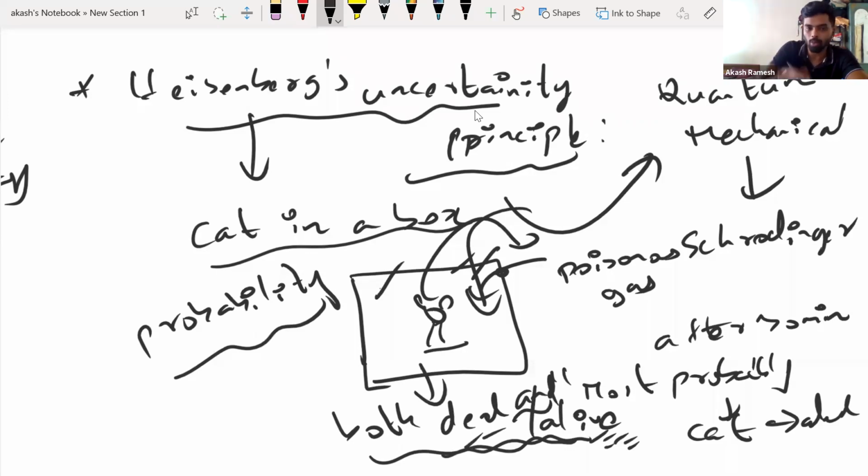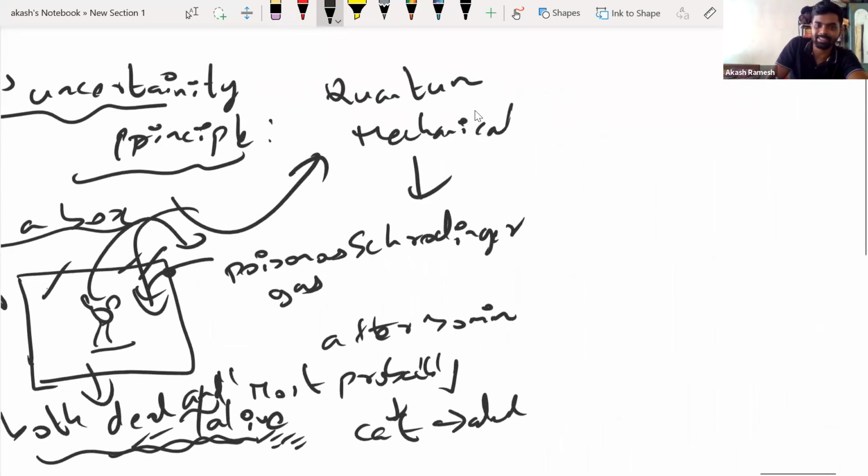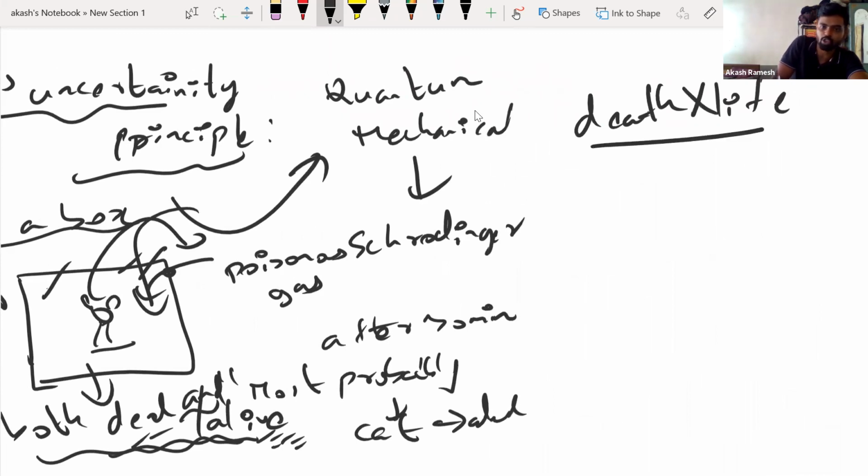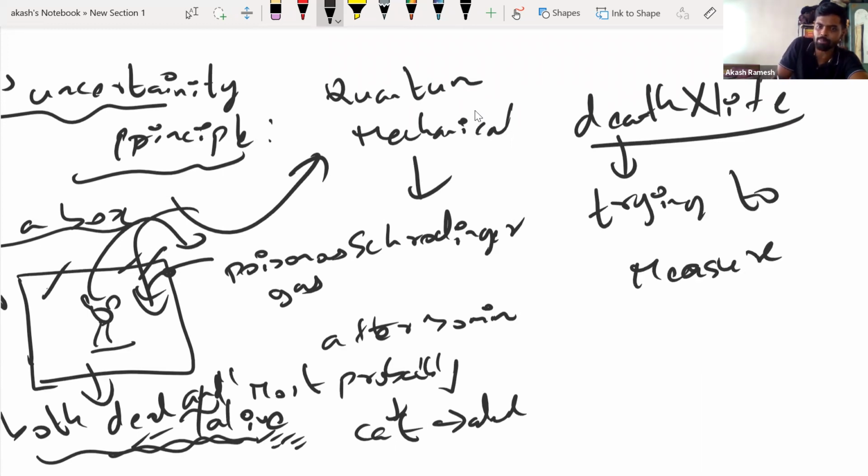What you understand is that death and life are two opposite quantities, and you are trying to measure them simultaneously. You want to know whether the cat is dead or alive without even seeing it.